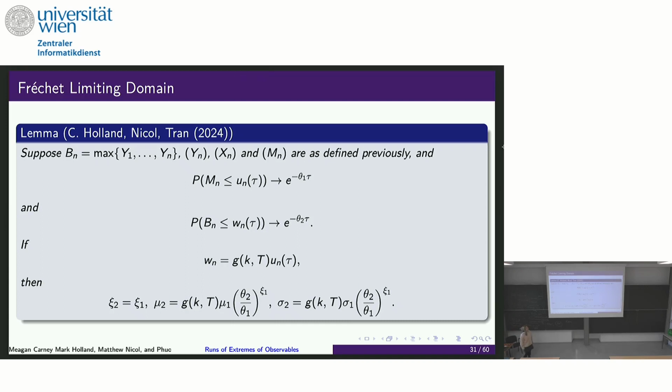So here is the general lemma from our paper. It says that if we have a Frechet limiting distribution, and Xn is some weakly dependent sequence, Mn is the maximum over X1 through Xn, Yn is this minimum functional or an average functional. We'll focus on the minimum today.